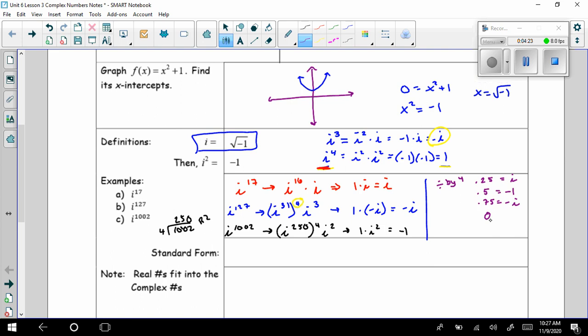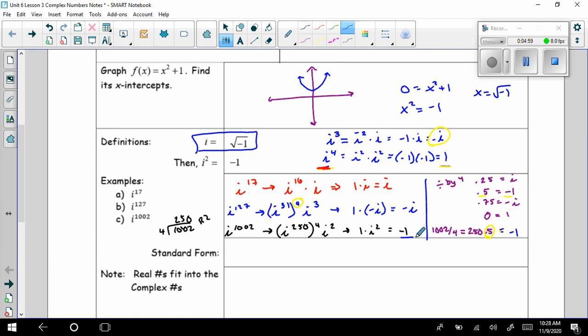And if you get a 0, your answer will be 1. All right, what I mean by that is 102 divided by 4 is equal to 25.5. This 0.5 right here tells us that there are 2 left over, or i squared, so then it is just negative 1, which is what we got. Okay, so that's kind of a shortcut.